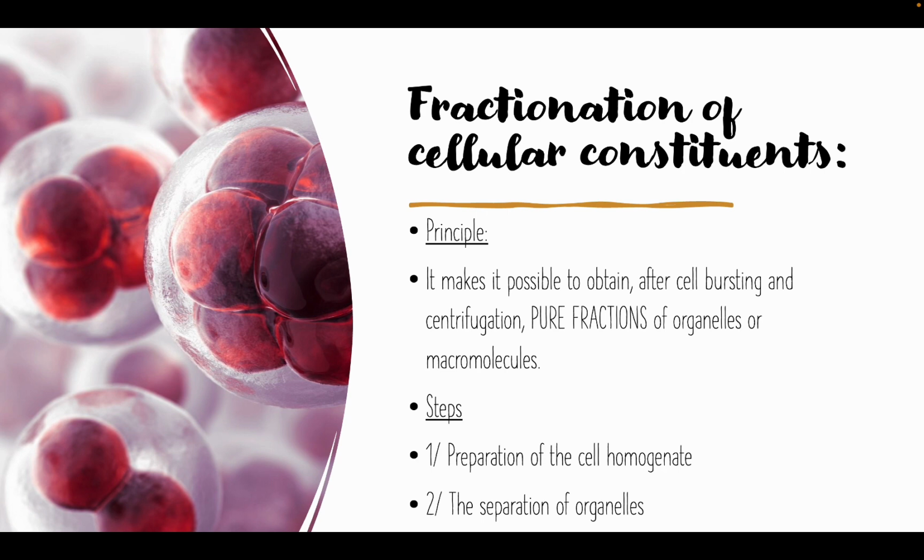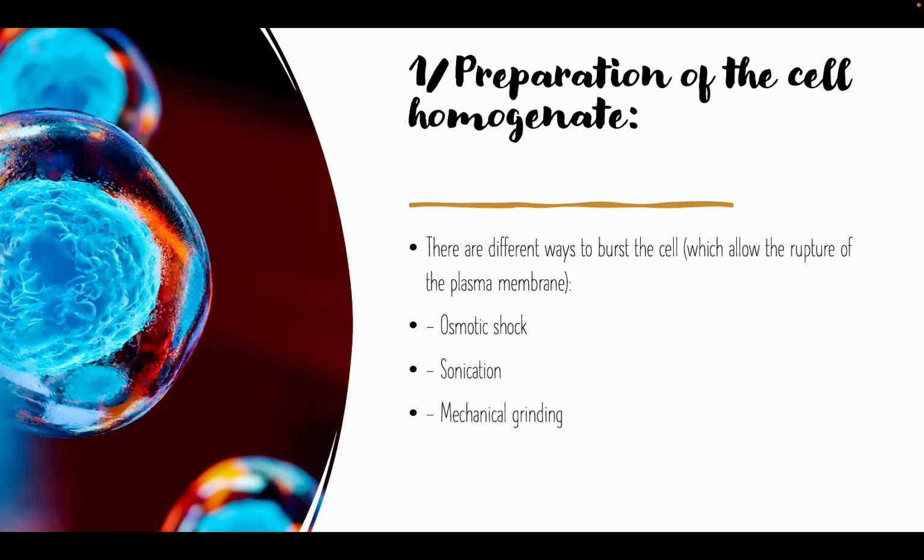Imagine you have a cell and you want to study its different parts, like its organs, which are called organelles here. But first you need to break the cell open and make a mix of everything inside.